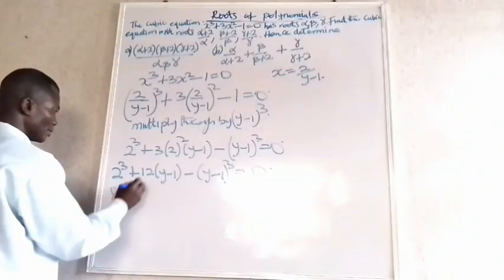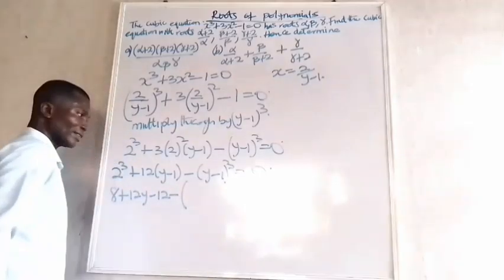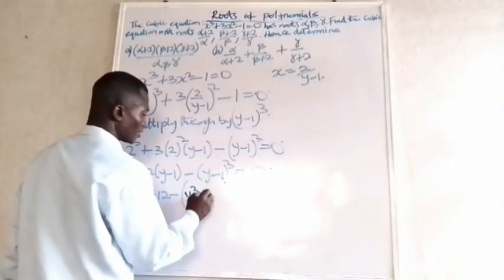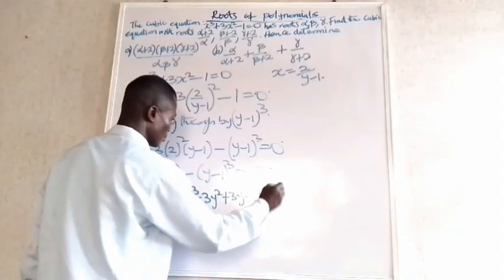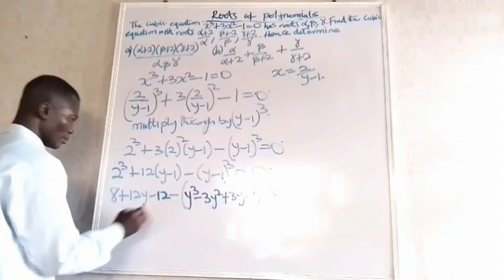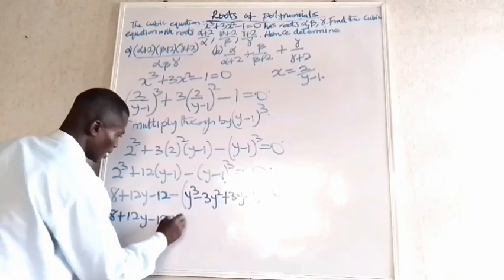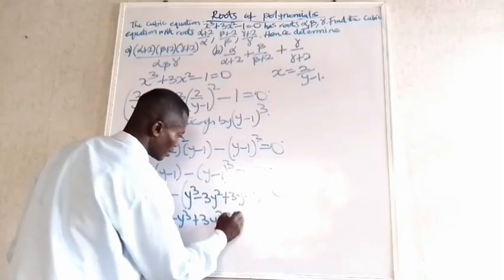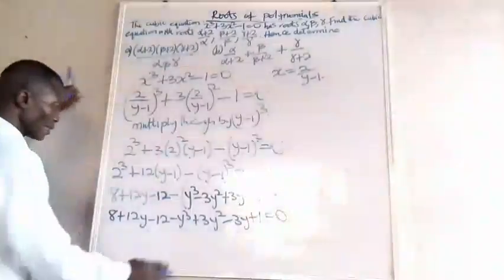So this is going to give me 8 plus 12y minus 12 minus, expanding this is going to give me y cubed minus 3y squared plus 3y minus 1. So I'm going to have 8 plus 12y minus 12 minus y cubed plus 3y squared minus 3y plus 1 equals 0.